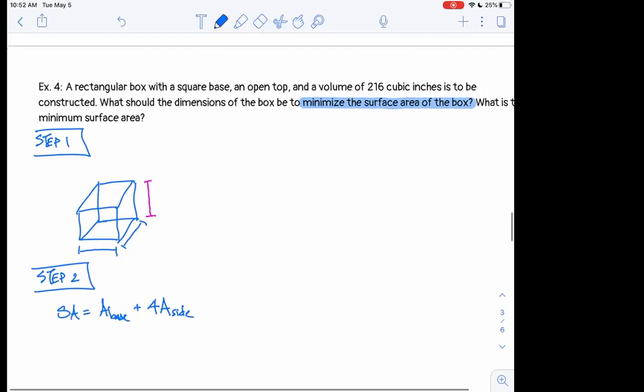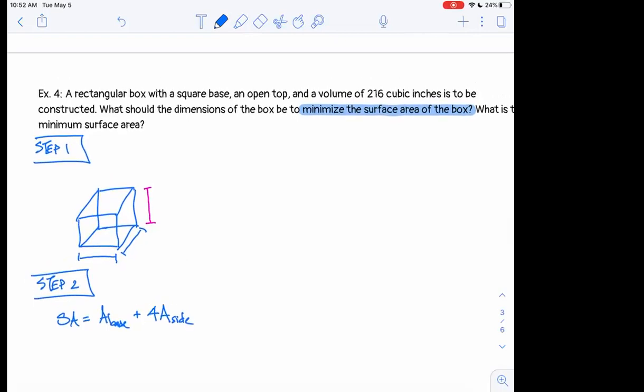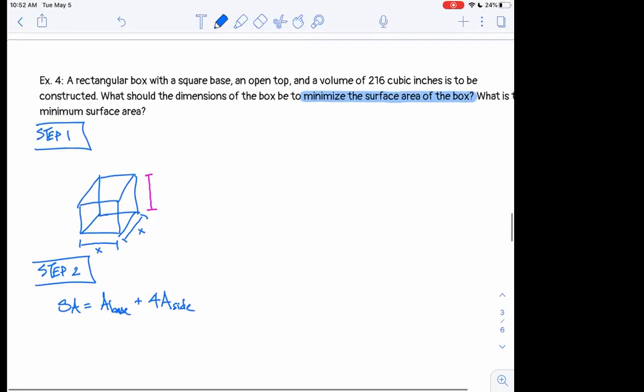Now let's go back and label our diagram so that we can use some variables in our equation. If I know that the base is a square, I can say that one side of the base is x and the other side of the base is x. And that means I can say area of the base is x squared.